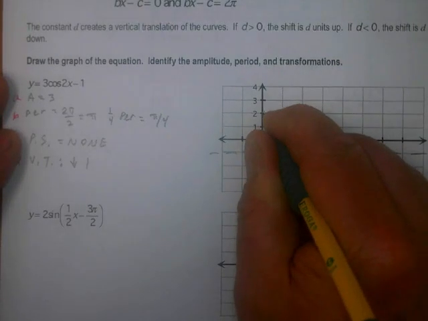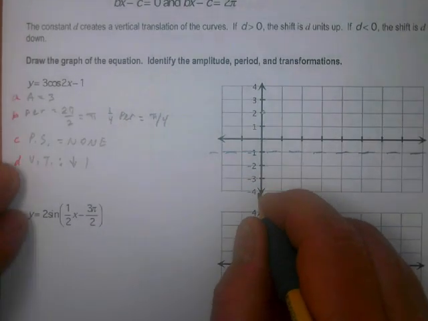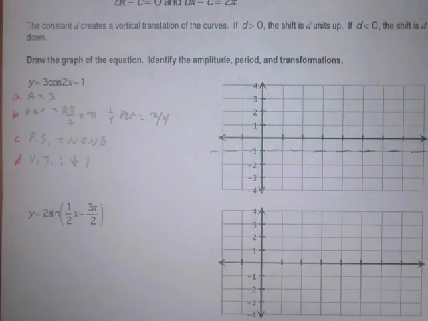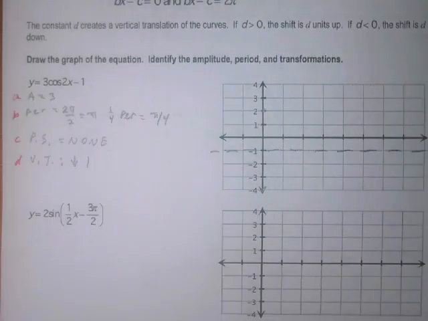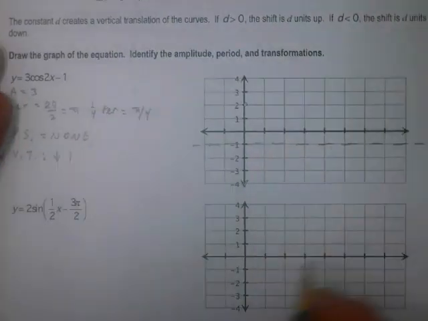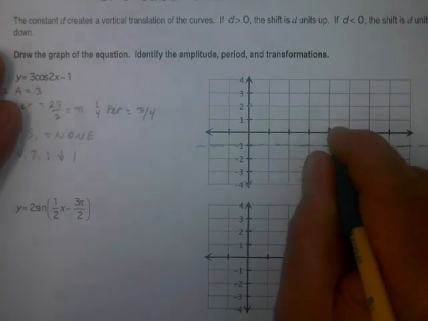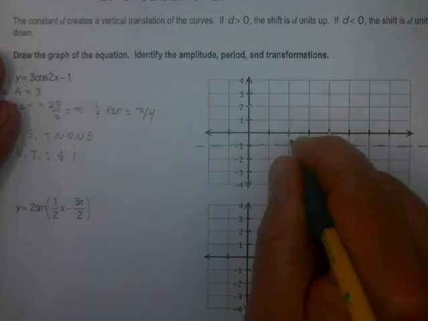I have this amplitude of 3. So I go up and down 3 from this midline. 1, 2, 3. So my high point is going to be right here at 2. The low point is going to occur right here at negative 4. Okay? That's where they're going to occur, because you're going up and down 3 from your vertical translation.